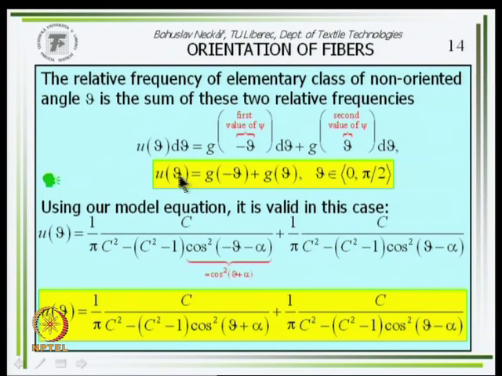So u of theta is g of minus theta plus g of plus theta, which is evident also intuitively. Using our equation, we obtain the final equation in our model as shown. Well, so that's all for the probability density function of orientation of fiber segments in a fiber assembly.